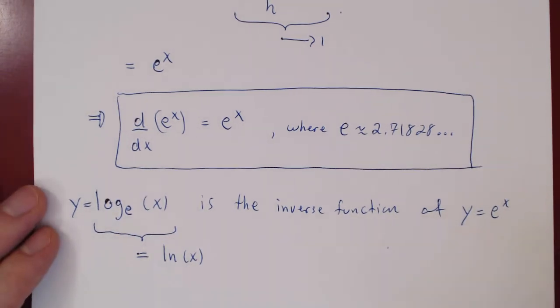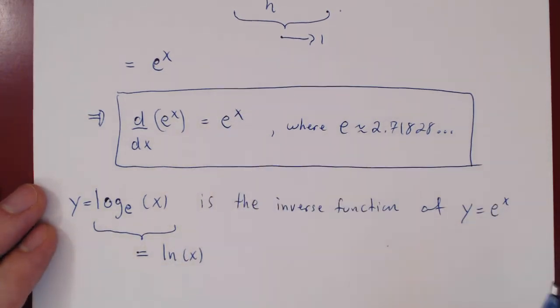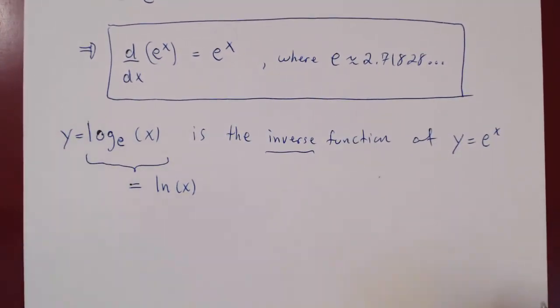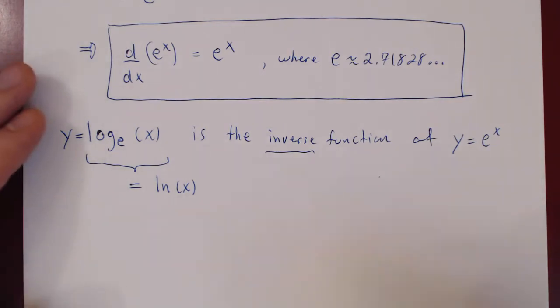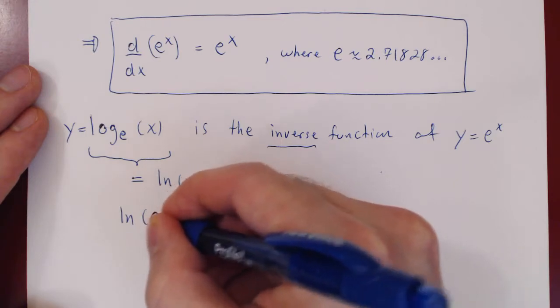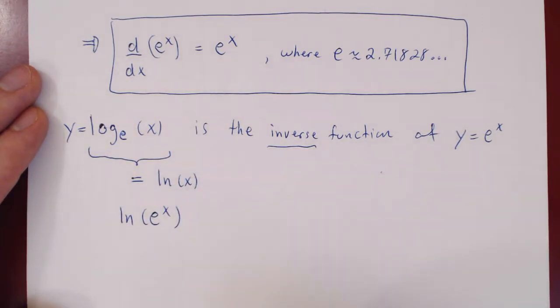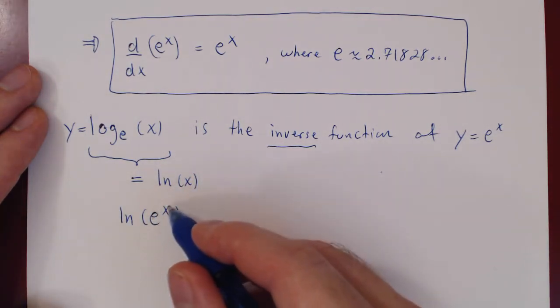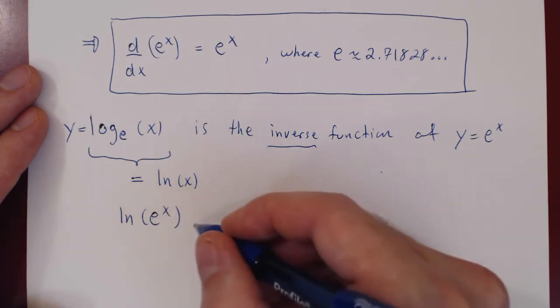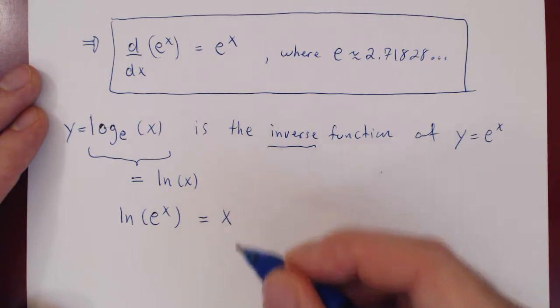And so now you ask, what is the relationship between ln of x and e to the x? Well, it is the inverse function, and the inverse has the property of canceling the function with respect to composition of functions. So if you take the ln of e to the x, so you first exponentiate x, then take the ln base e of this, all you will get is x.